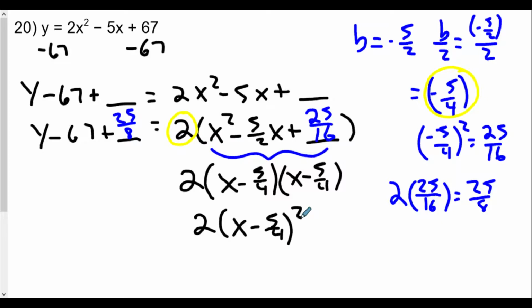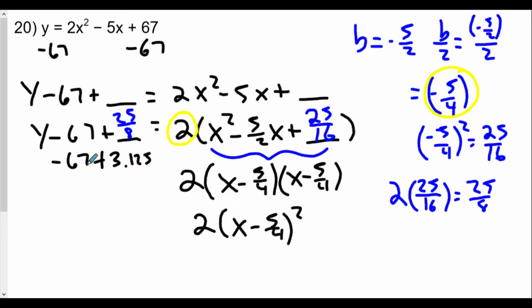Now, on the left side, we have, in this case, y minus 67 plus 25 over 8. Okay, and so here, we're going to combine those two. So 25 over 8 is the same thing as 3.125. And we're adding that to negative 67.